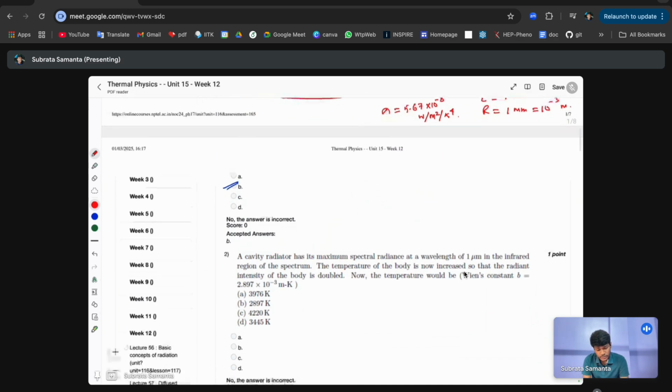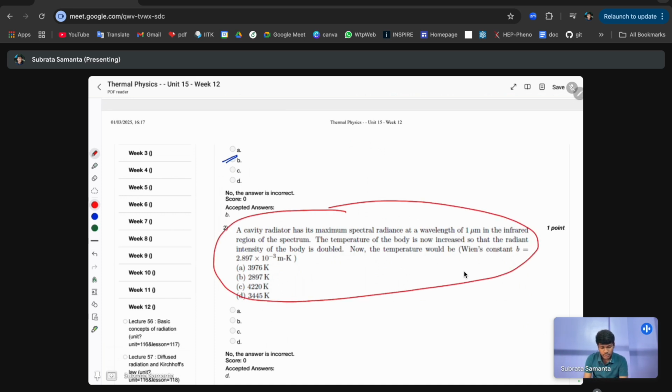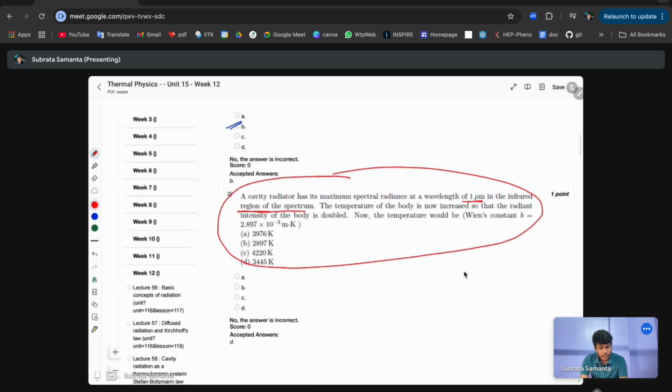So in the next question, a cavity radiator has its maximum spectral radiance at a wavelength of 1 micrometer, in the infrared region of the spectrum. But this is the wavelength where the spectral radiance is maximum.